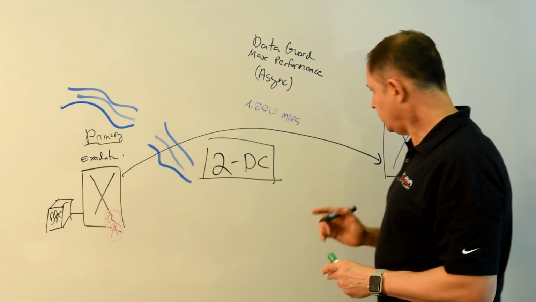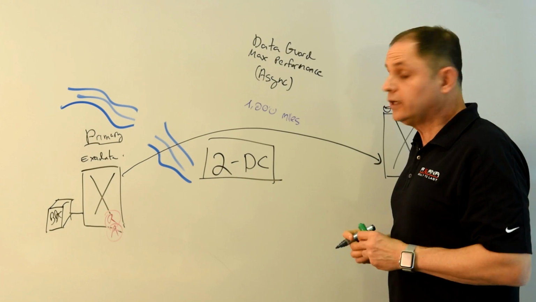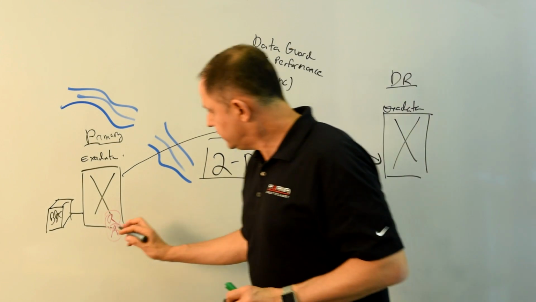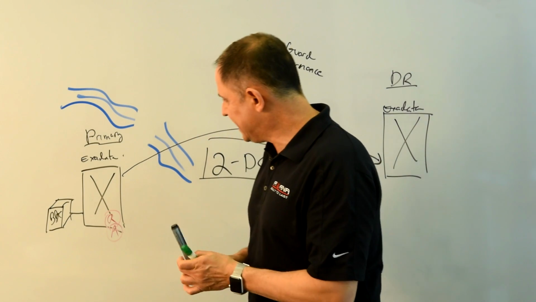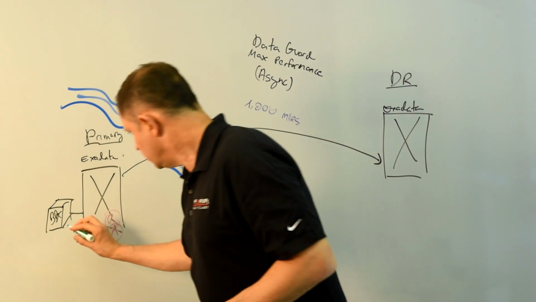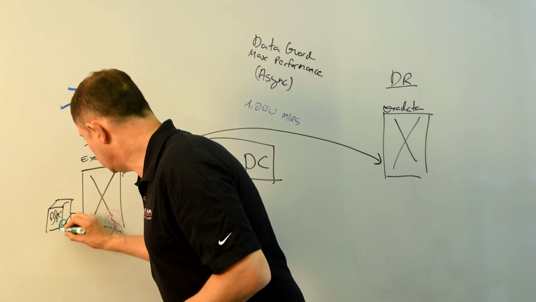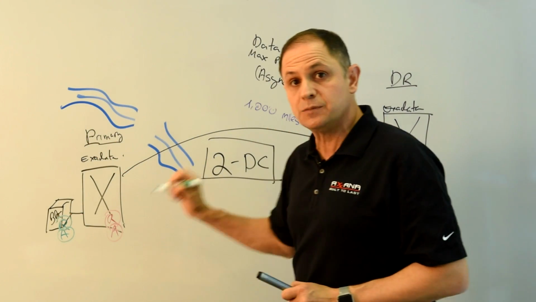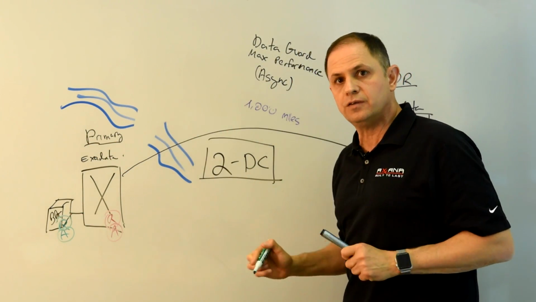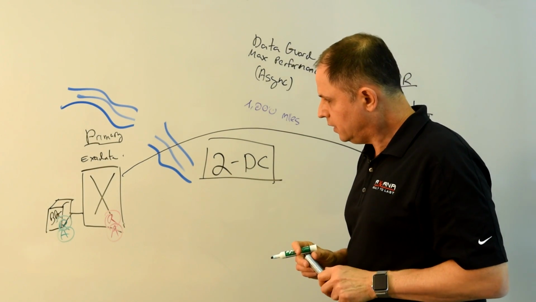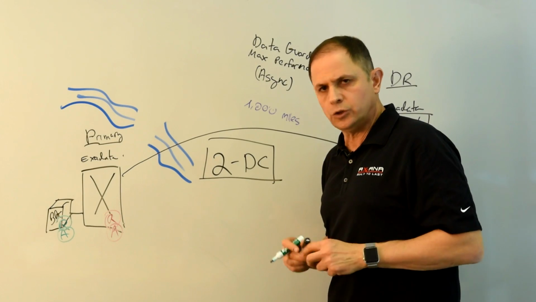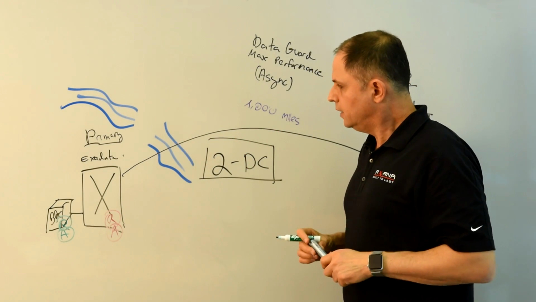And it could be DataGuard or any other form of asynchronous replication. But attaching Axxana and protecting the online redo logs and the archive files, the last mile of the data, the lag between the data centers in an asynchronous scenario. And you can watch our other video that shows exactly how this is done.